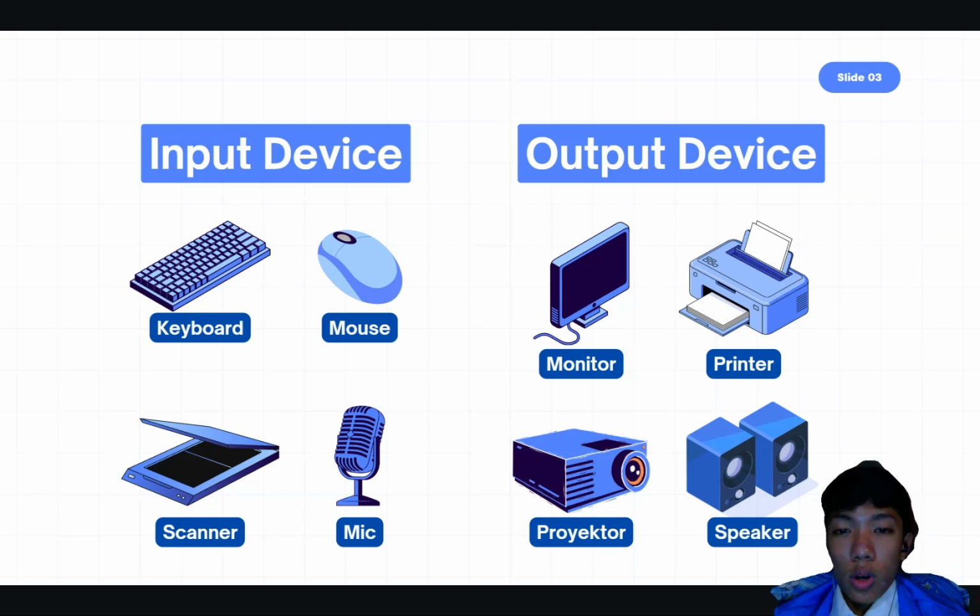Output devices work in the opposite way. They provide information from the computer back to the user. Examples include monitor, printer, speaker, and projector. These devices make it possible for users to see, hear, and understand the results produced by the computer.